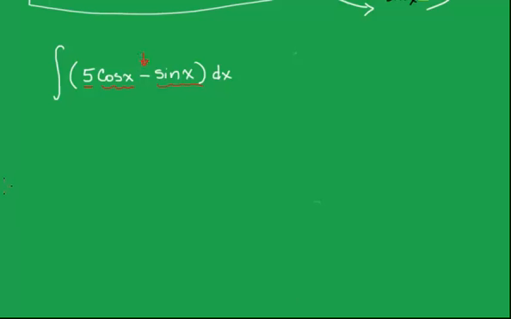Whether you have a plus or minus sign, you can split the antiderivative at that sign. So this becomes the antiderivative of 5 cosine of x dx, don't forget the dx, minus the antiderivative of sine of x dx.